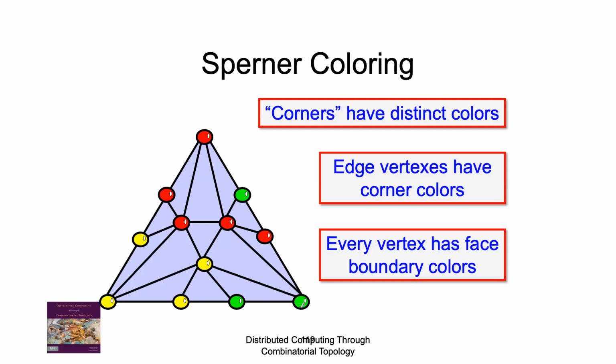Now you may say, okay, it's just because we chose the colors in this particular way. And I would say no. No matter how you choose these colors, there will always be some simplex which has all three colors. For example, I can maybe make this red.